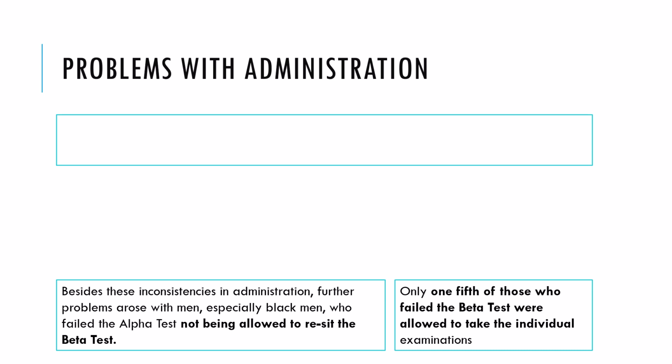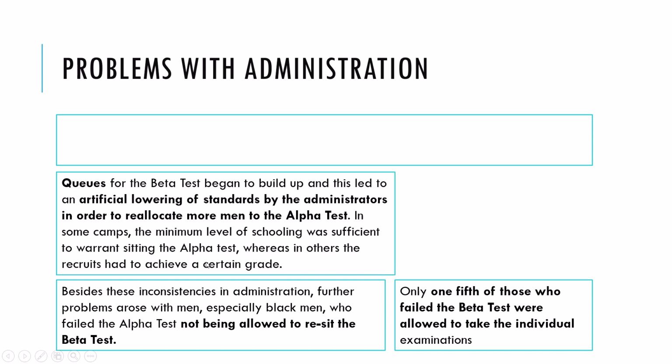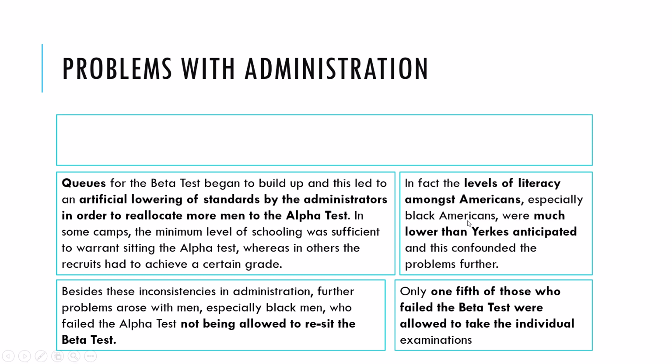There were other problems alongside all these other ones in administration, with those who had failed the alpha test not being able to sit the beta test, and that was especially for black men. There were quite long queues for the beta test, because actually what we found was that the levels of literacy amongst Americans, especially black Americans, were much lower than Yerkes anticipated.